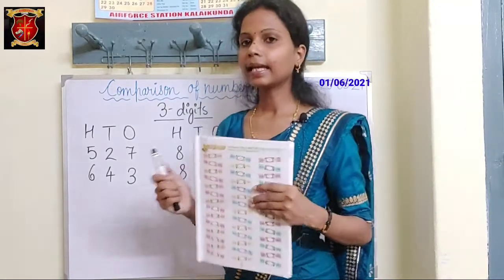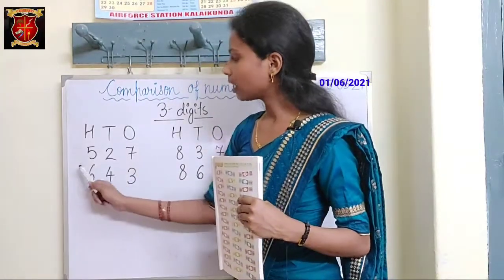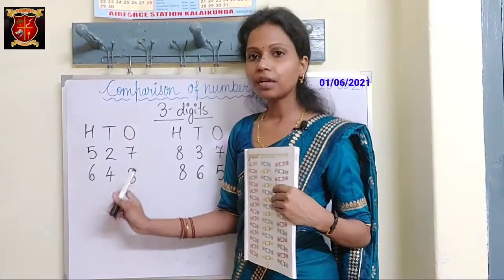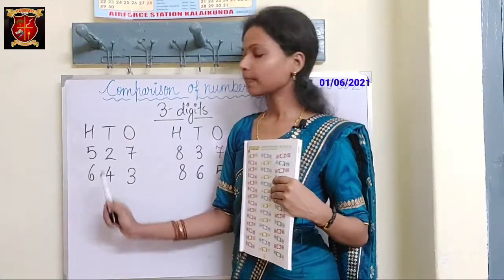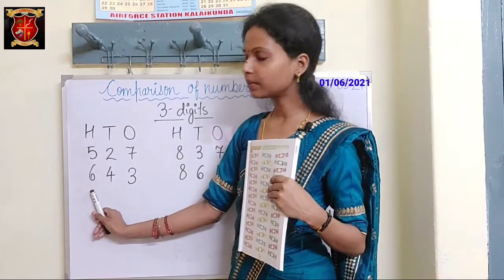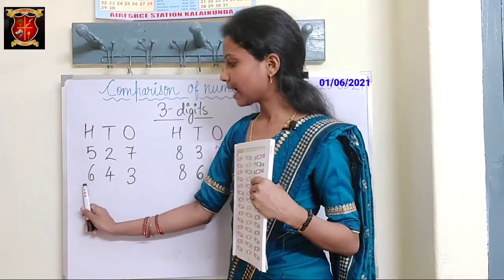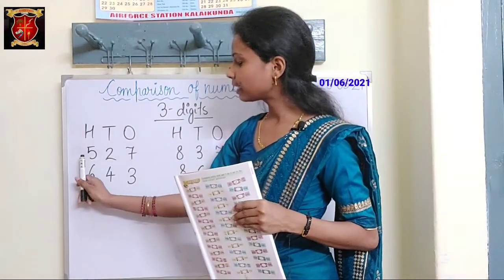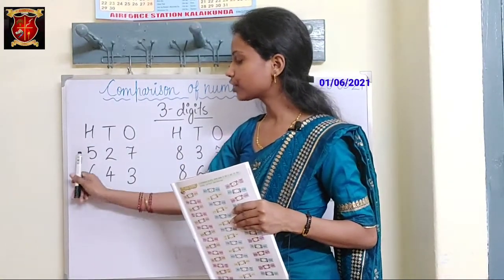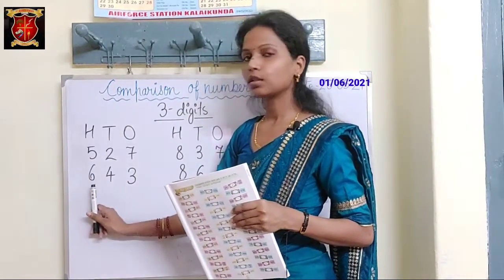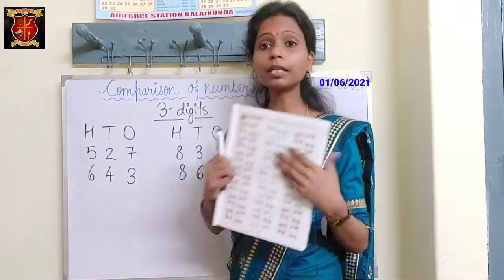So let's see, if we are comparing numbers of 3 digits, first we will see the number that is in hundreds place. Okay. So which numbers will we see? 5 and 6. Okay. So by comparing 5 and 6, which number is bigger? 6.